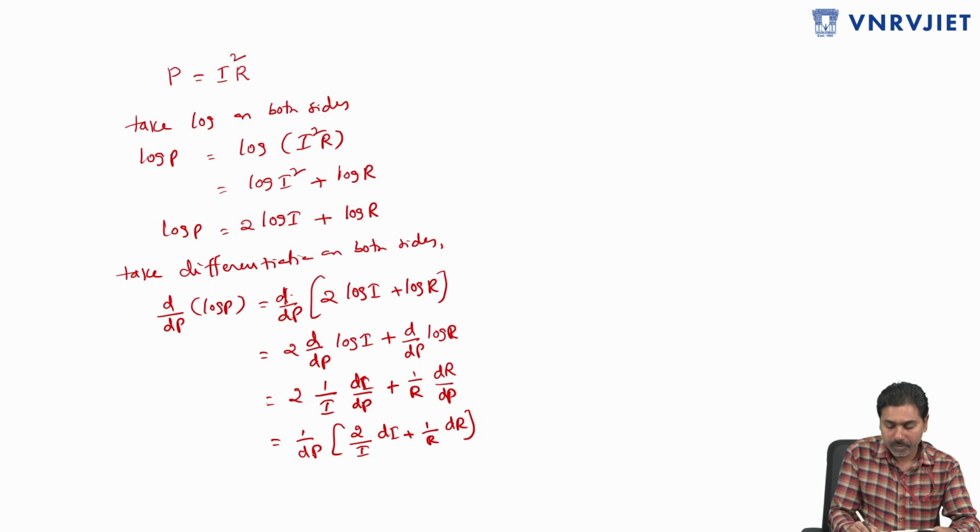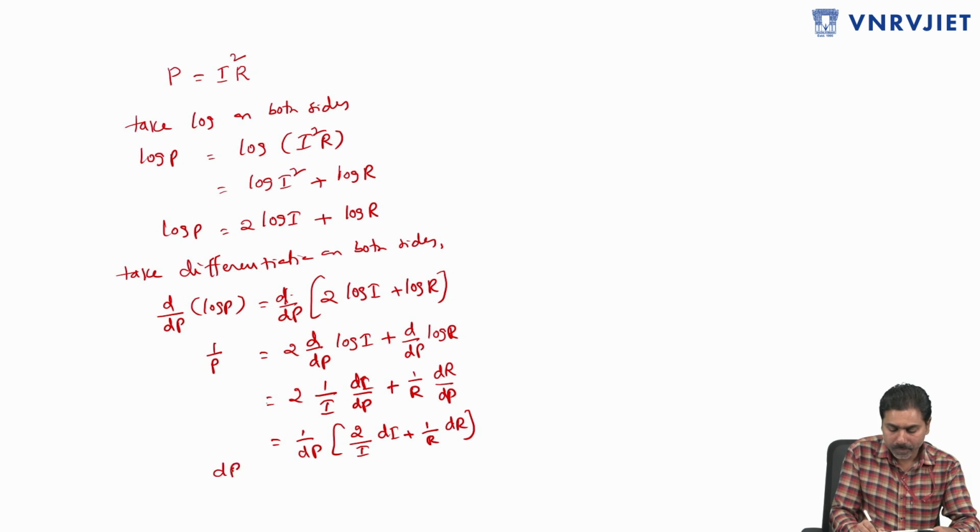Before writing this dp to the left side, let us also take the differentiation on the left side. D by dp of log P. Here the log P is differentiated with respect to the same power quantity, so it will be simply 1 by P. Therefore, now we send this dp to the left side.